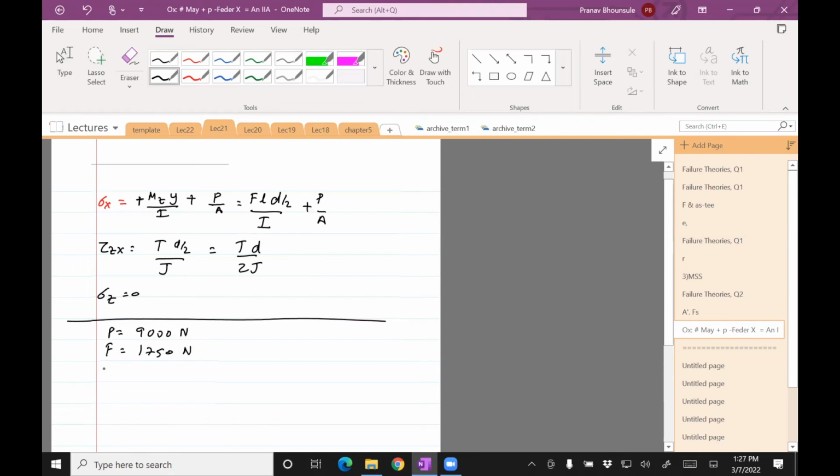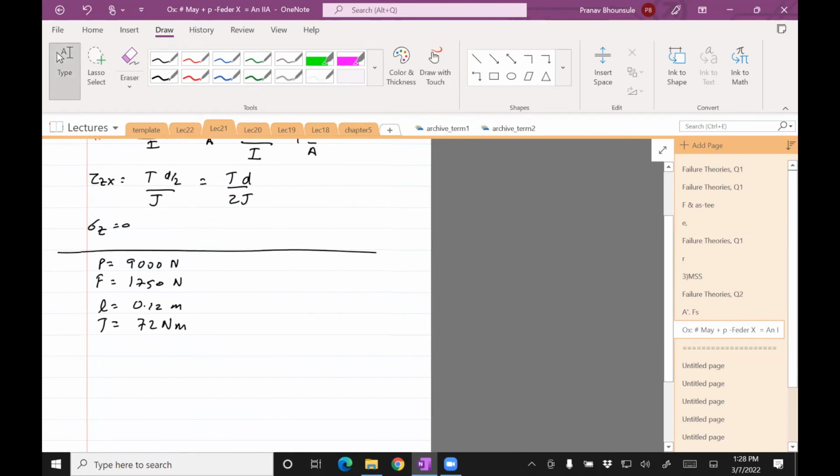Then we have L, that's also given. It's 120 mm, so divided by 1,000, 0.12 meters. And then we're given T, that is 72 newton meters.